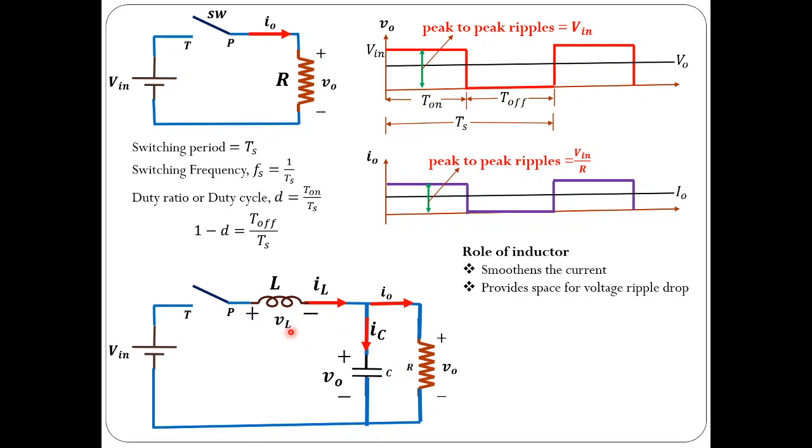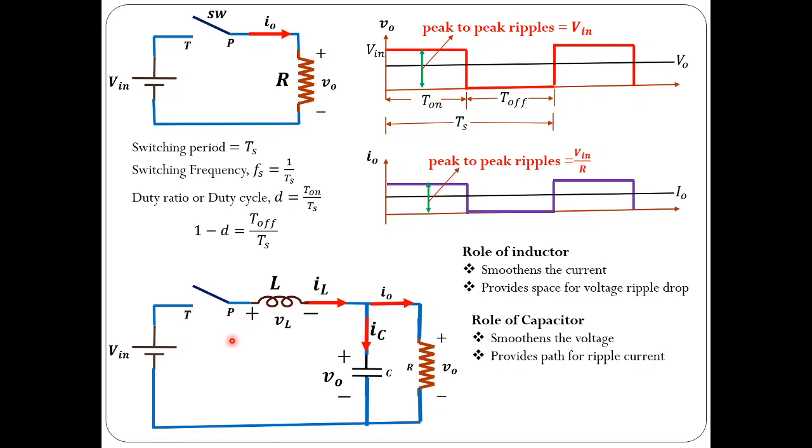Similarly, the capacitor, as I mentioned, smoothens the output voltage; that is number 1. And number 2, while you are closing and opening the switch, the inductor current would rise and fall. So the profile of the inductor current, usually without the capacitor, keeps increasing and falling, so it contains ripple.